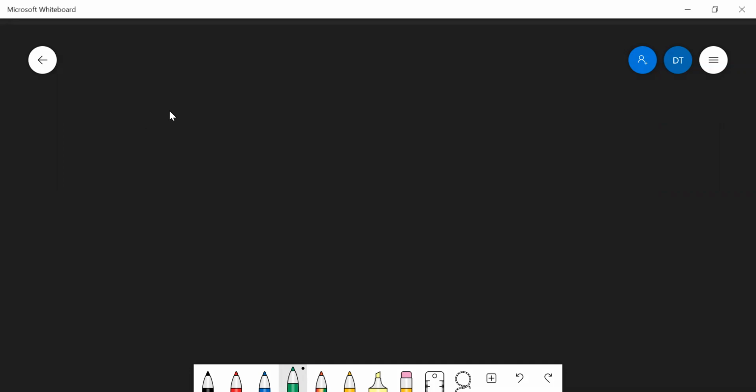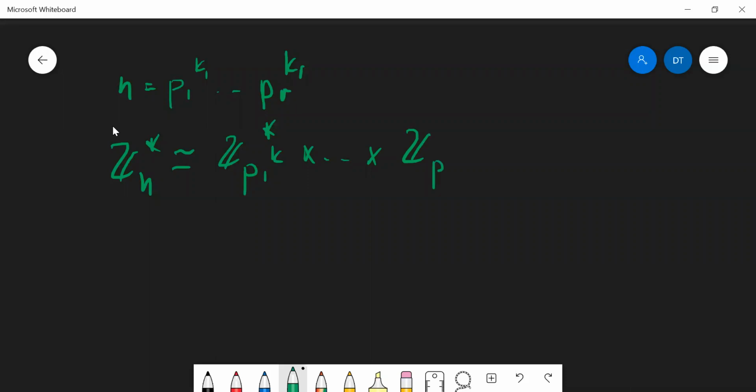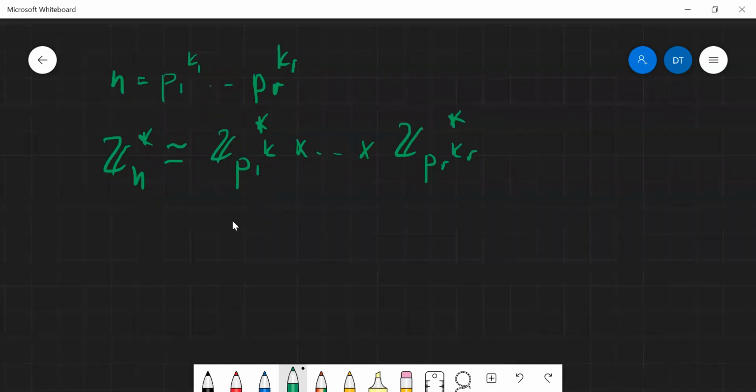If we are given some natural n, and let's factorize it into prime factors, then Zn star is isomorphic to Zp1^k1 star times ... times Zpr^kr star.